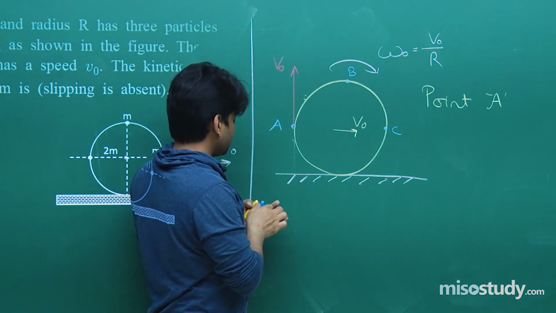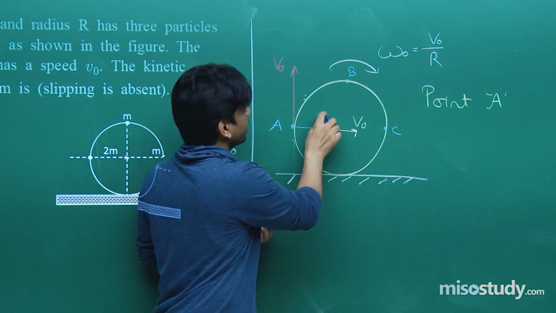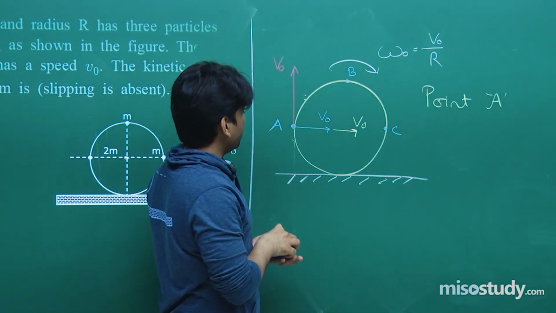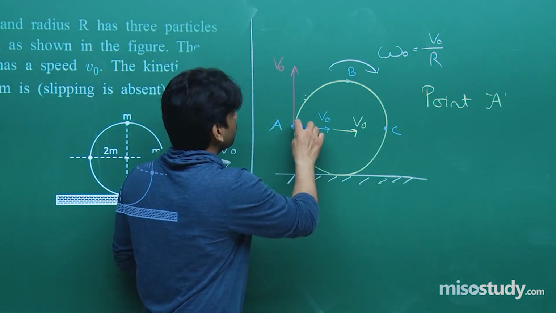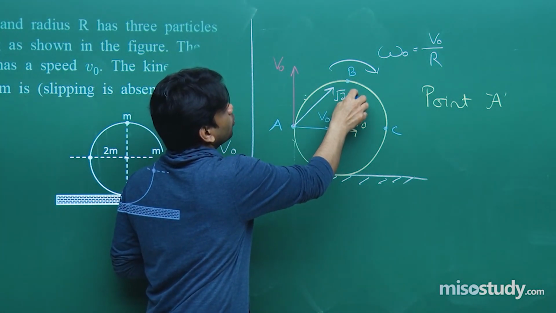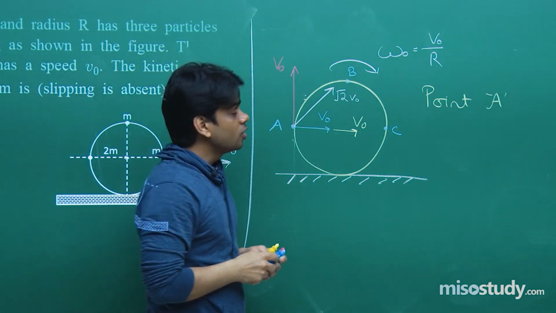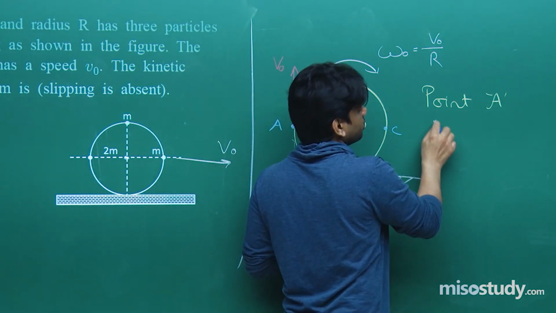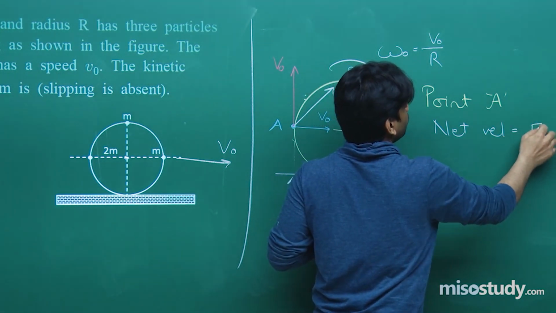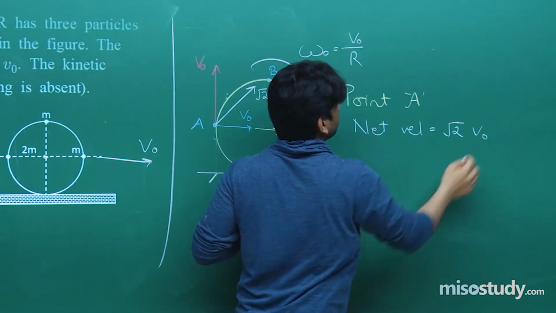So v0 here and v0 here, both are at 90 degrees. Its net velocity will turn out to be root 2 v0. This is what we can make out. So for point A, net velocity will be equal to root 2 v0.